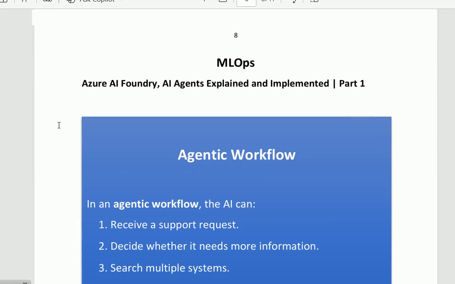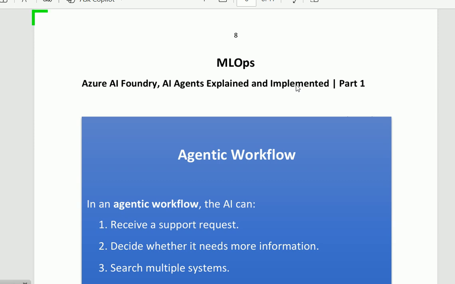Now, for the next one, what is the agentic workflow? In the start, I explained there are two types of workflow. One is non-agentic and the other is agentic. After that, I explained the non-agentic workflow characteristics and its example like the chatbot. Now I shall explain the agentic workflow.